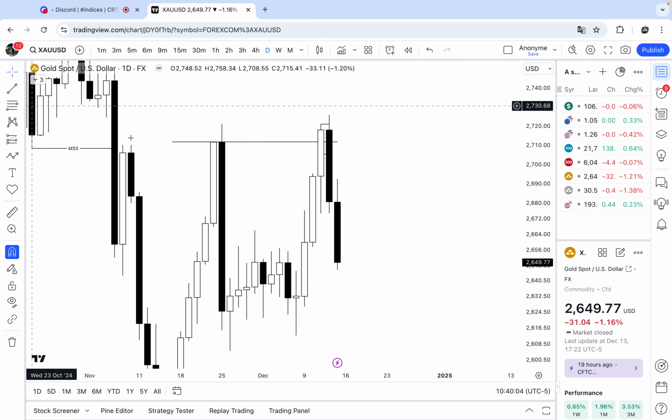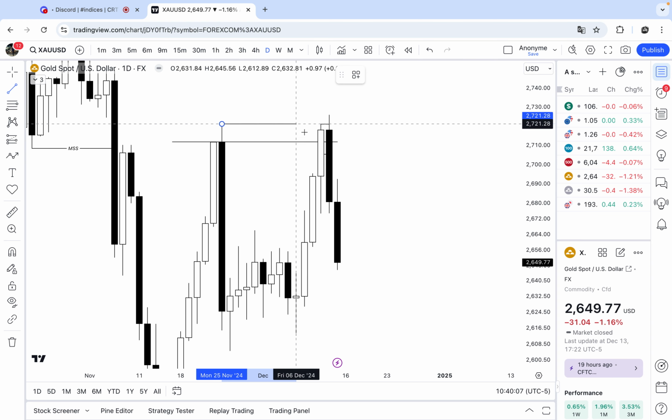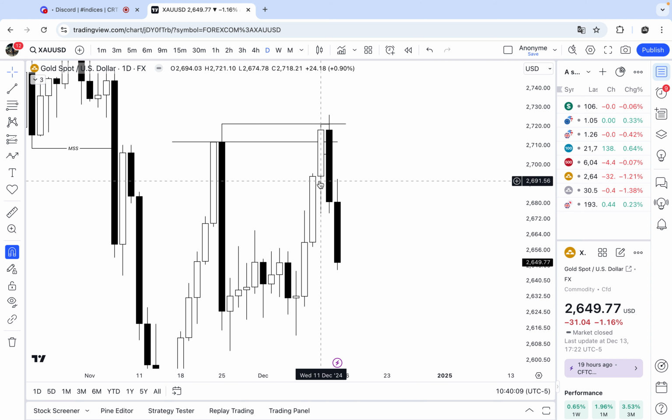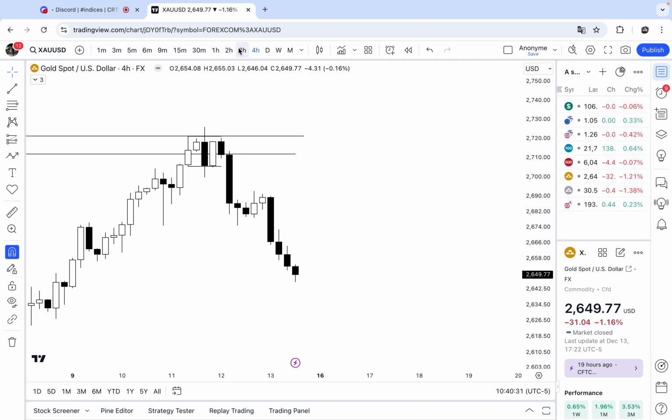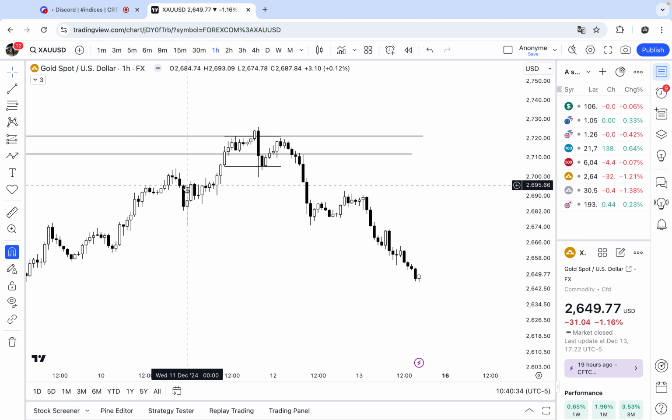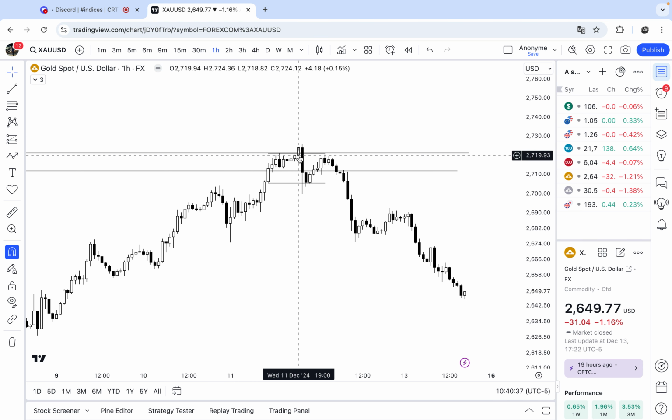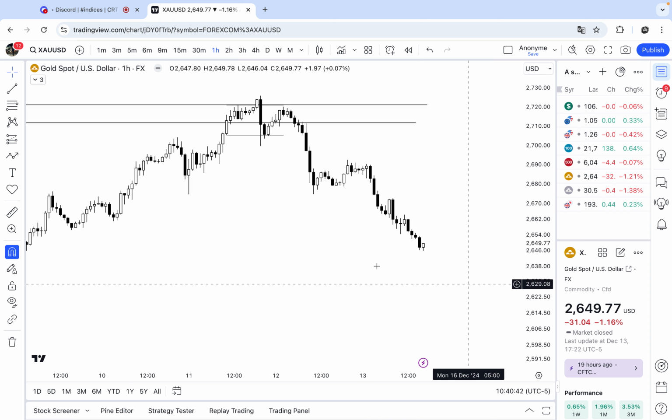We took out this daily CRT right here, and on the daily I saw this big candle that broke above this high, and the second candle, which is this one right here, we formed our order block entry, etc. This is where I entered, and the price fell down right after.